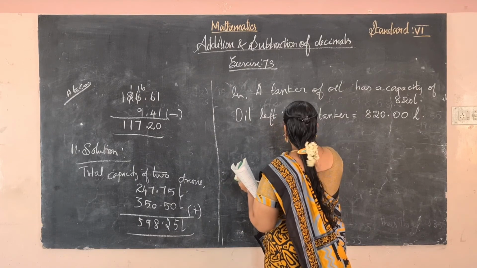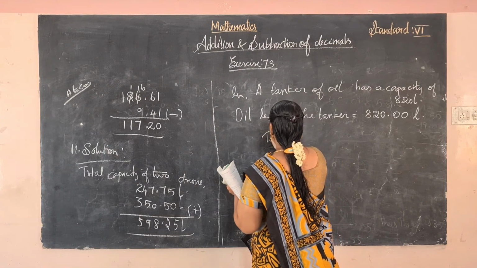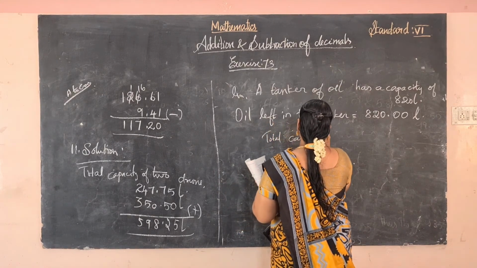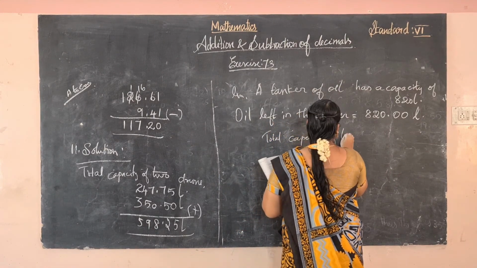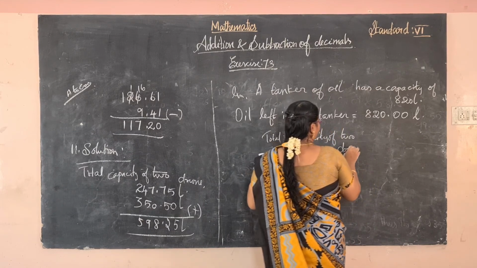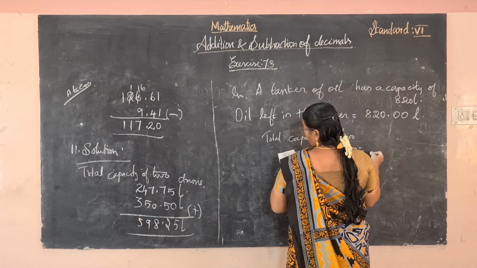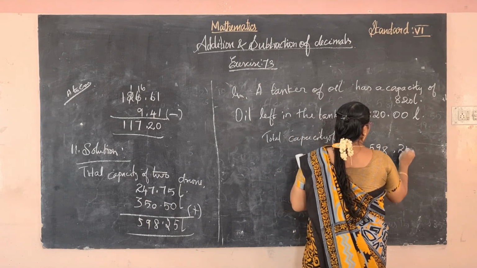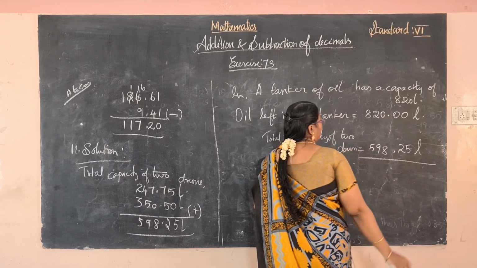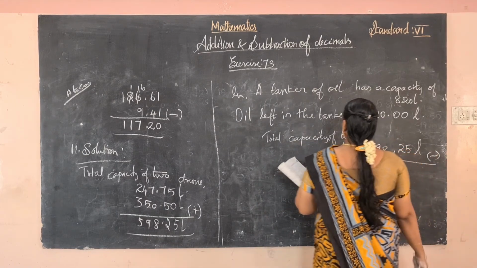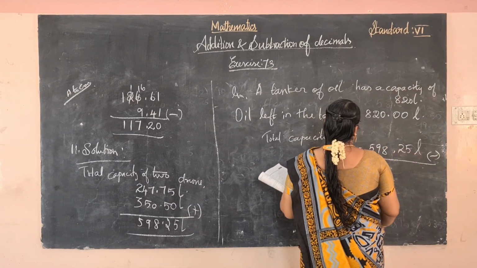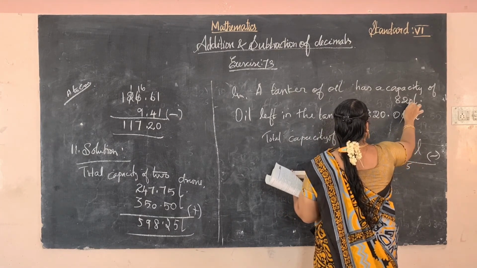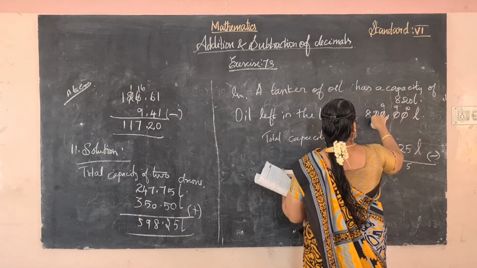Subtract the total capacity of 2 drums equal to 598.25 liter. Subtract, what we get. 5 borrow 10, 9, 9 here 1.